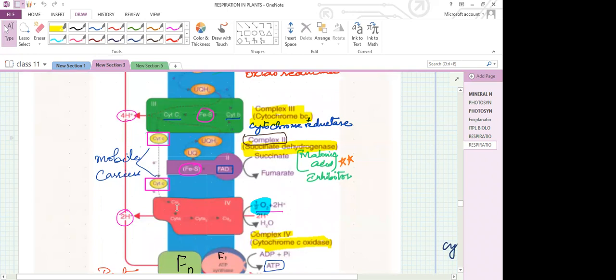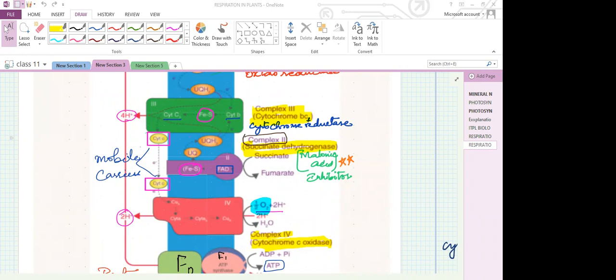See here, ubiquinone brings it and gives it to cytochrome A, and here A, cytochrome A3. Remember that. Now, what happens with cyanide? Cyanide binds to cytochrome A3 and stops the movement of electrons to the final acceptor, that is oxygen.